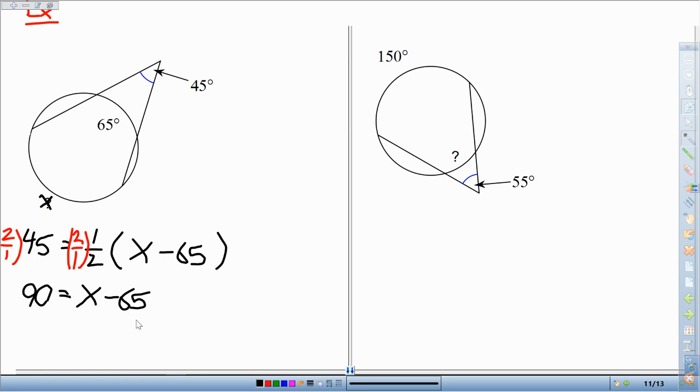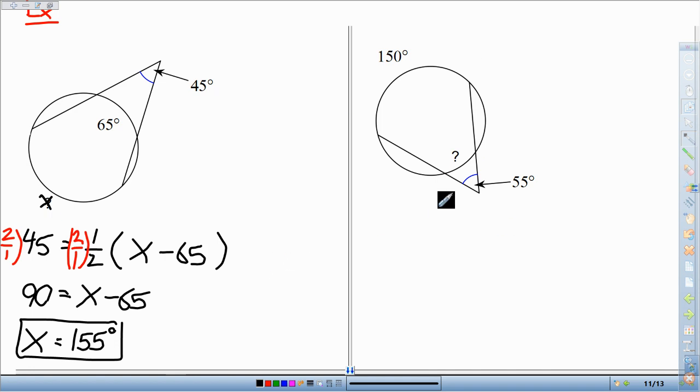And then easy enough math. We got 90 plus 65, it's 155. Okay, first thing I do is glance over at the arc. 155 is pretty close to 180. It's smaller than a semicircle, and that's what that looks like.